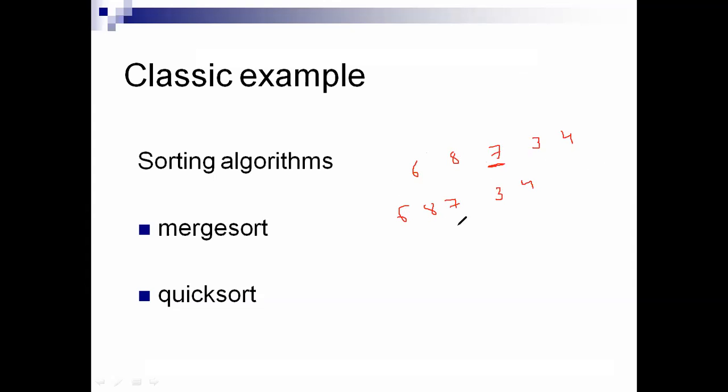Again we divide each of these problems into two parts. Then we divide again, and compare these two; we get the output 6, 8. Then for these two we get the output 3, 4. Then we combine these two.